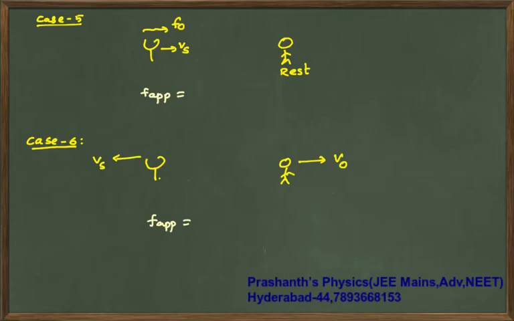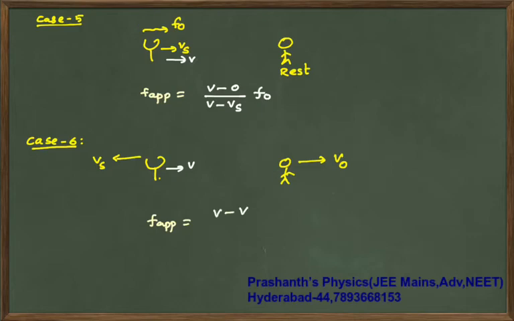Now, your apparent frequency is, your sound will always travel towards the listener. So, V minus 0 by, now it is V minus Vs. Usually the velocity of sound will be greater than the velocity of source. 340 meters per second is a very big value, so you have to take V minus Vs only. And in the next case, sound will travel this way.